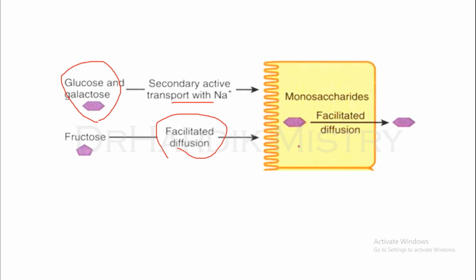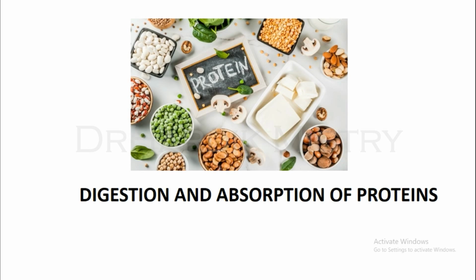Glucose and galactose enter the cell via secondary active transport with the sodium ion, whereas fructose enters the cell via facilitated diffusion. Now all these molecules of glucose, galactose and fructose enter the blood vessel via facilitated diffusion. So this is all about the digestion and absorption of carbohydrates.